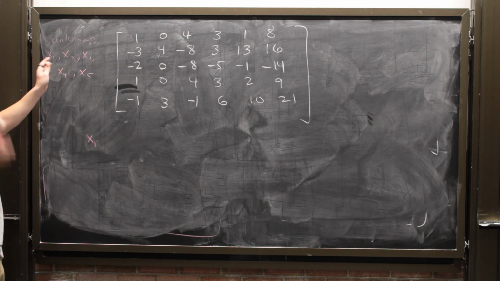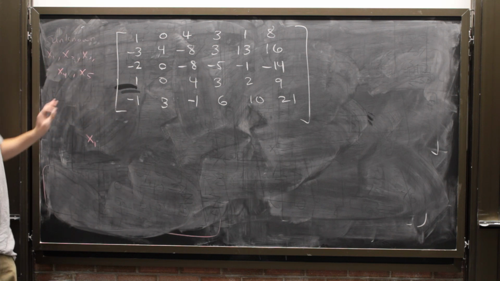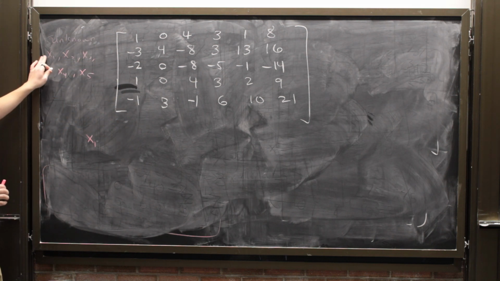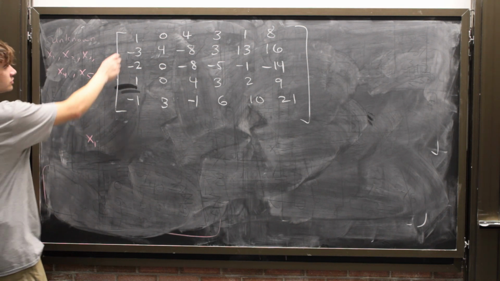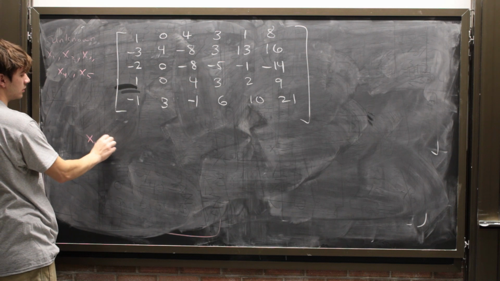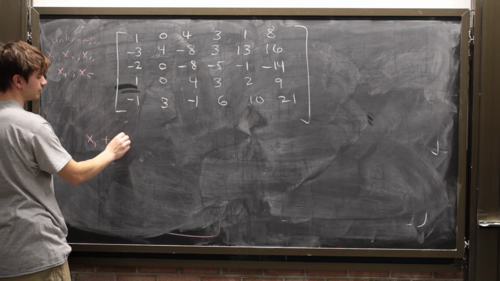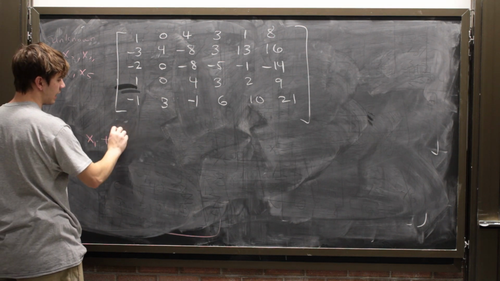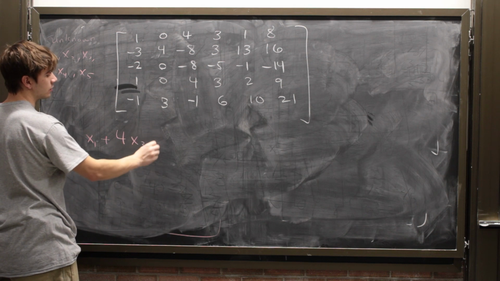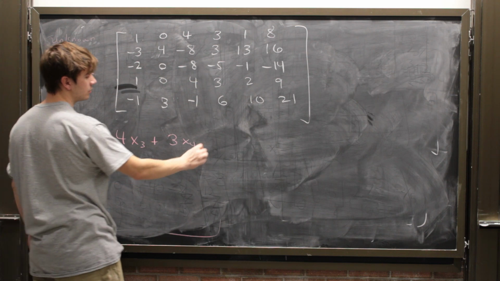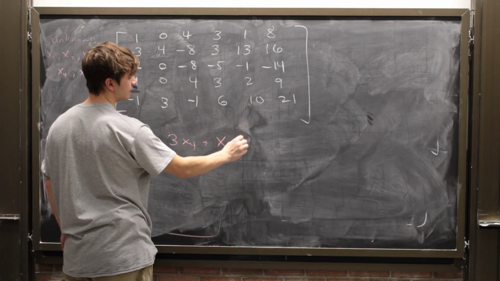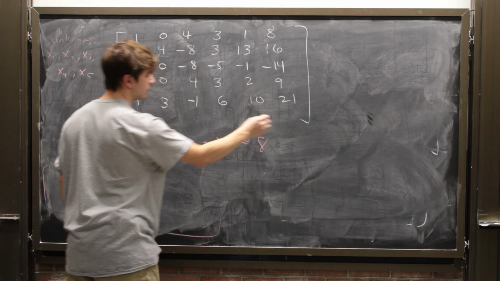I have a system of 5 equations with 5 unknowns, and I want to solve for them. So the first equation reads x1 plus 0x2 plus 4x3 plus 3x4 plus x5 is equal to 8.